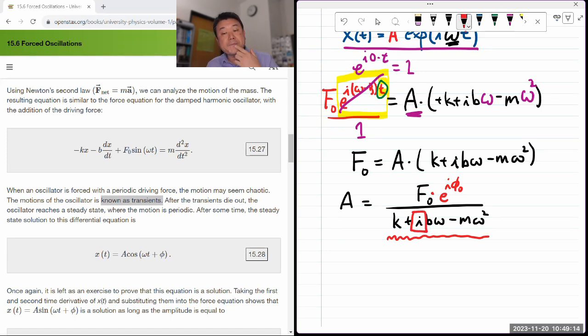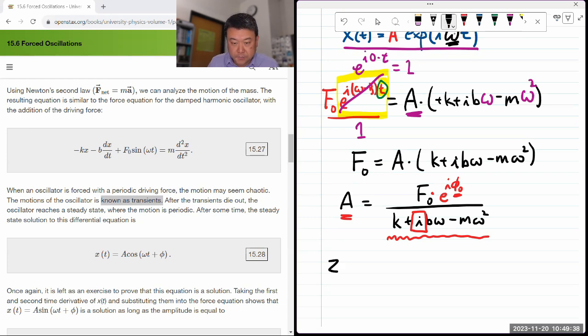So the oscillating phase for A is not going to be the same as the oscillating phase for the driving force. It'll be different. So what I should do is write out this complex number in polar format so that I can do a little algebra with the phase factor.